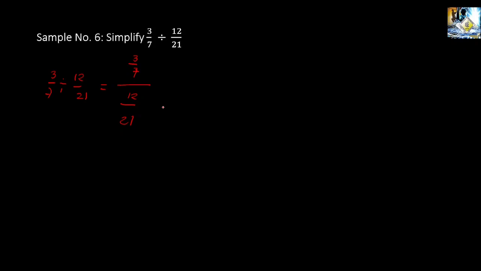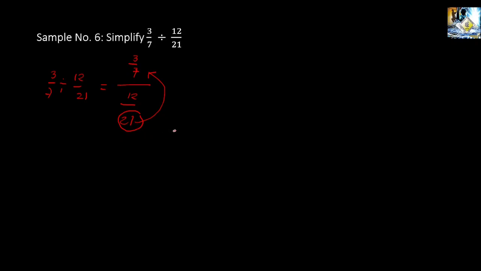Multiplying both numerator and denominator by the reciprocal of the denominator. So, multiplying both numerator and denominator by the reciprocal means we need to carry out the reciprocal of the denominator.